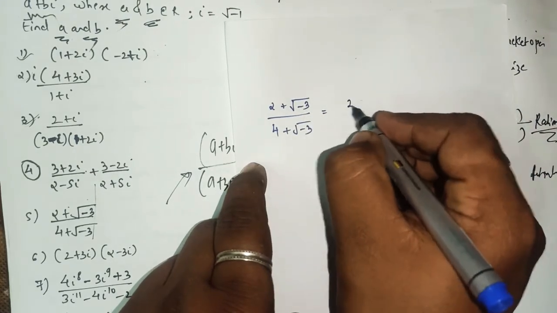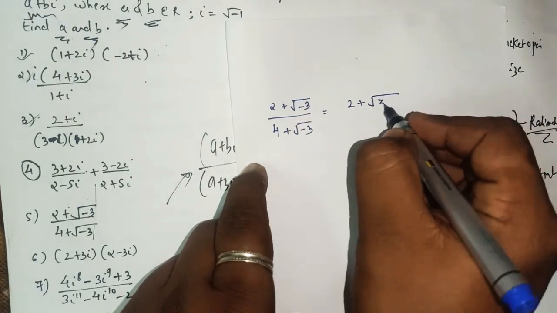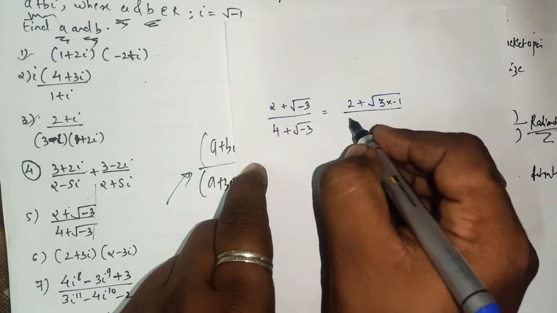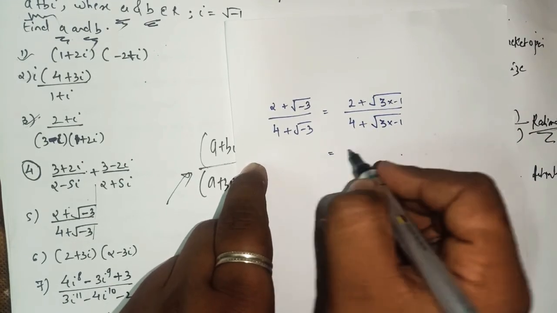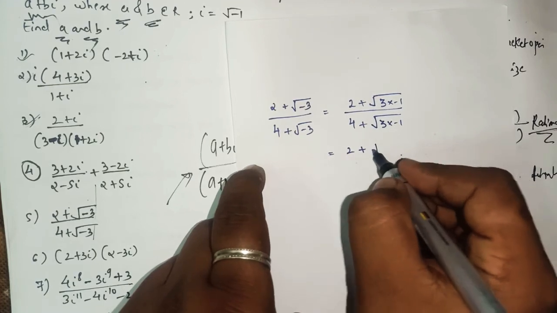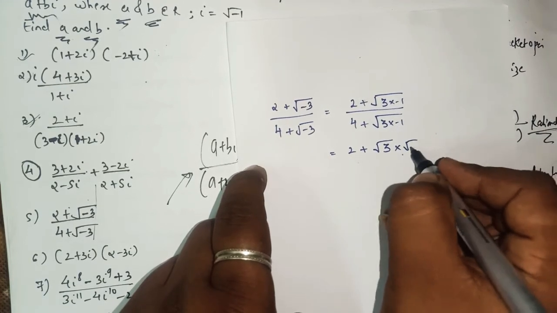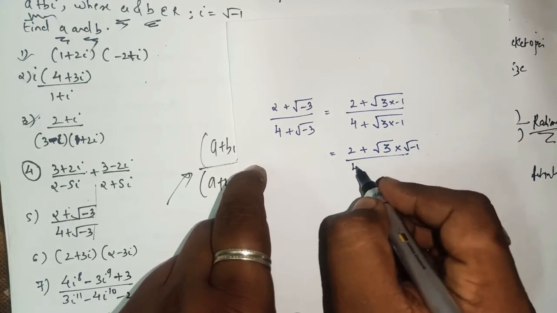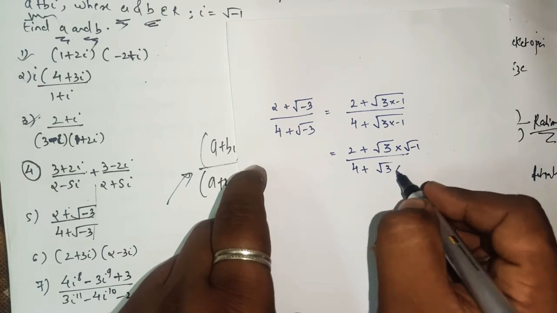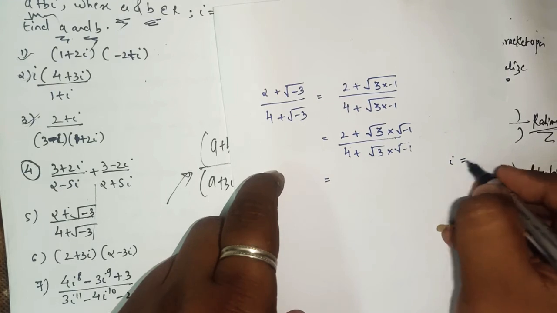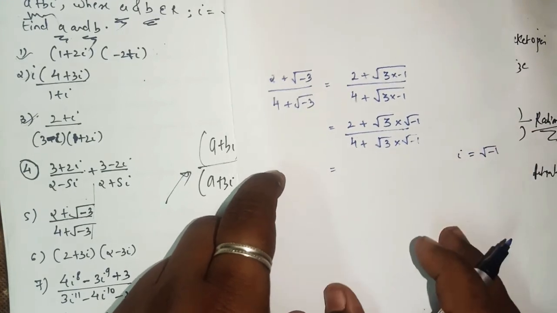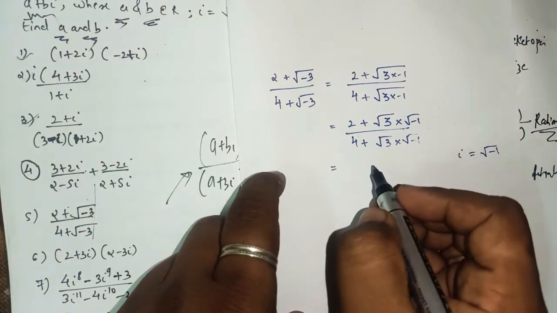It can be written as 2 plus root 3 into minus 1, 4 plus root 3 into minus 1. So 2 plus root 3 into root minus 1. Yes or no? 4 plus root 3 into root minus 1. So in place of root minus 1 we can write what? i, because we know that i is equal to the square root of minus 1.